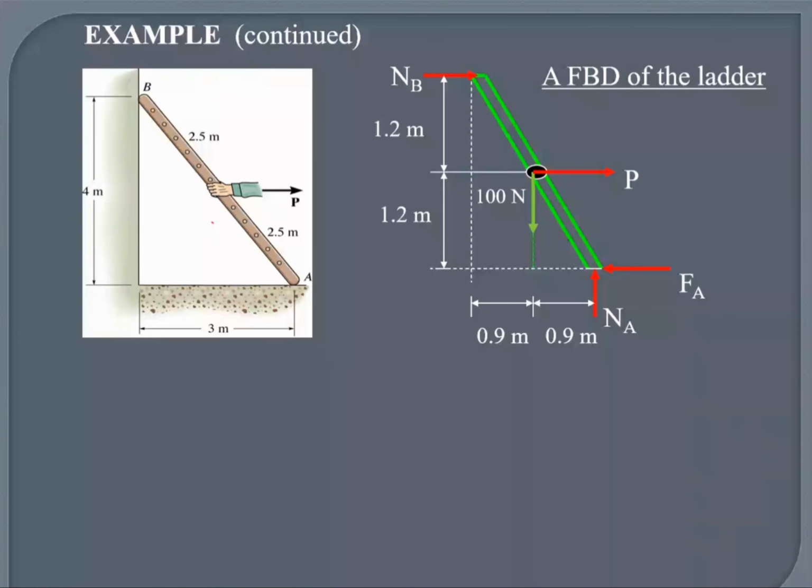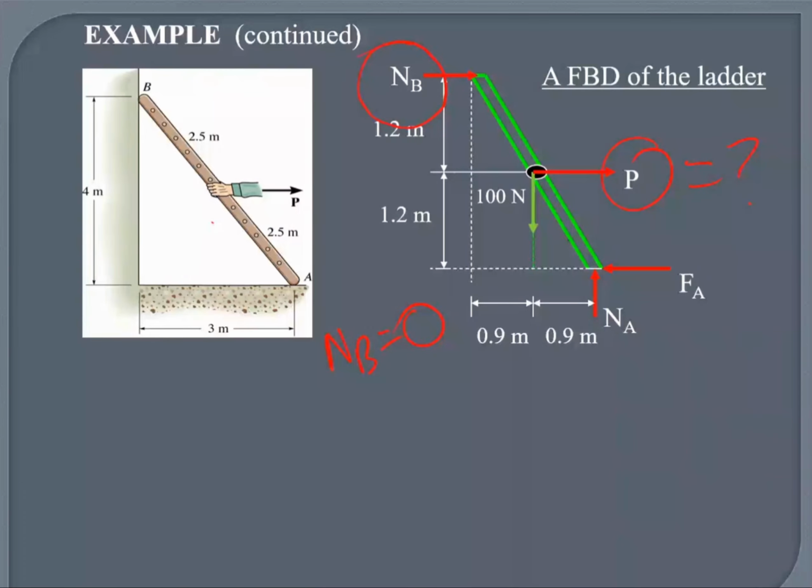Okay, so assuming NB equals 0, can you find the value of P for me? And once you find the value of P, what you have assumed is going to tip. This you have assumed.